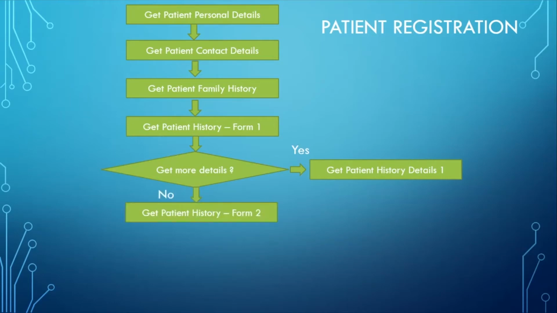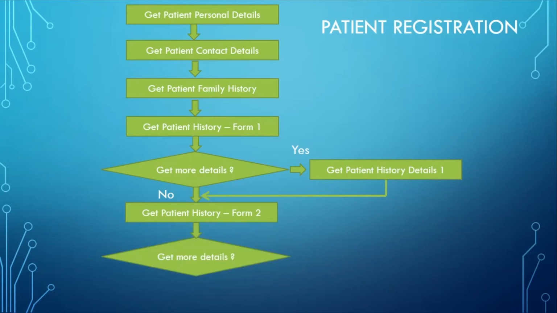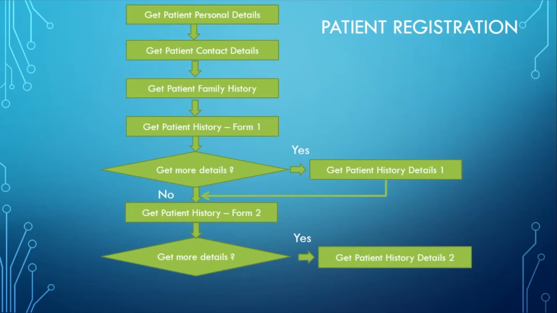If he says no, then we move subsequently to the next form to get the next set of details. So this is how it goes on. In fact, even after entering the patient's history details, he should be routed to form 2 to get the next set of details. This goes on in the same way until the application gets all the details of that particular patient.